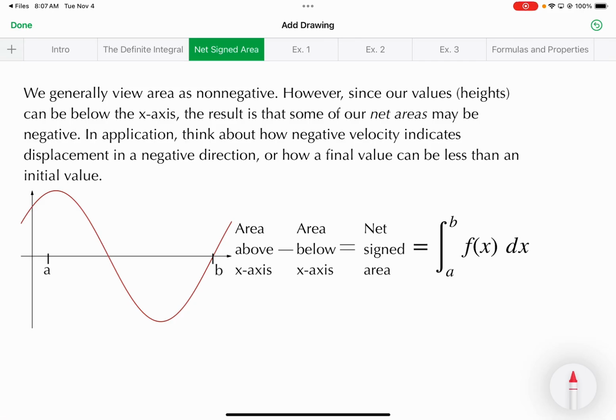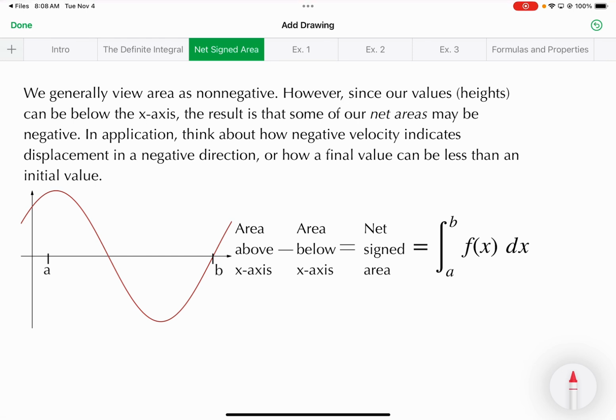So if we want to go from velocity to position, I would take the antiderivative of that. And if it's negative, then that shows me how much movement I've made in a negative direction. We also can have a case where we're talking about displacement of fluid in a tank or something like that, where our final value can be less than an initial value. That would give me a negative area or a negative net change.